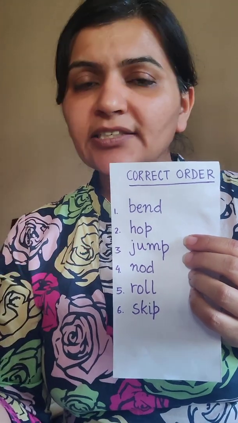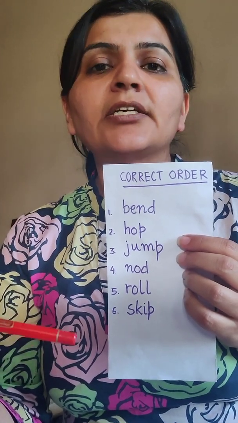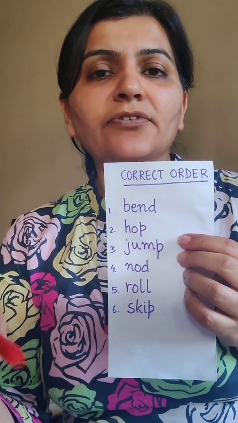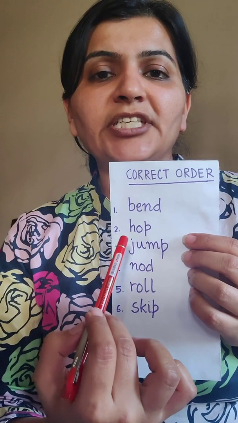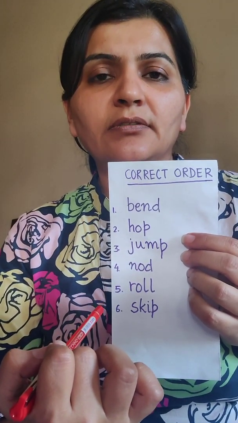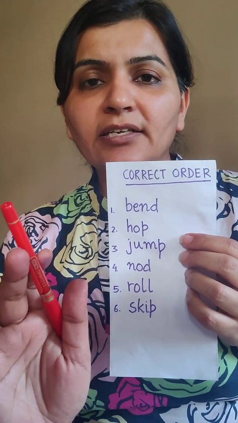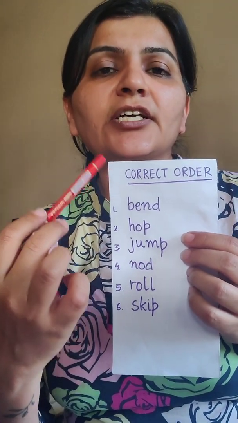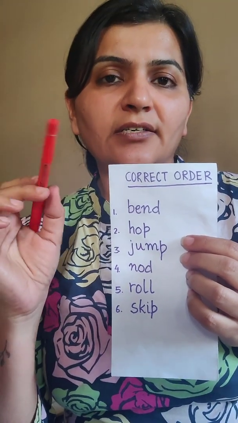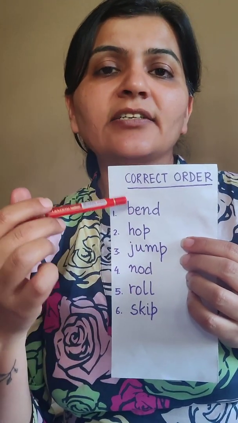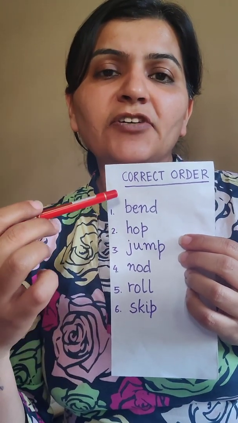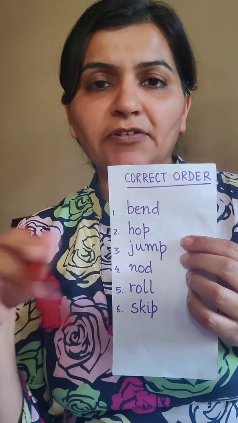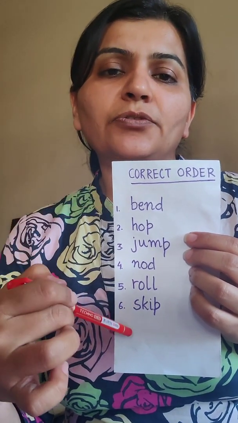Then you don't have any other word which started with C, D, E, F, or even G, but then we have H, hop. Then again, for I there is no word but J, and that is how we've gone. Whatever alphabet comes first among the first letters of the words, that is how you are going to arrange them.